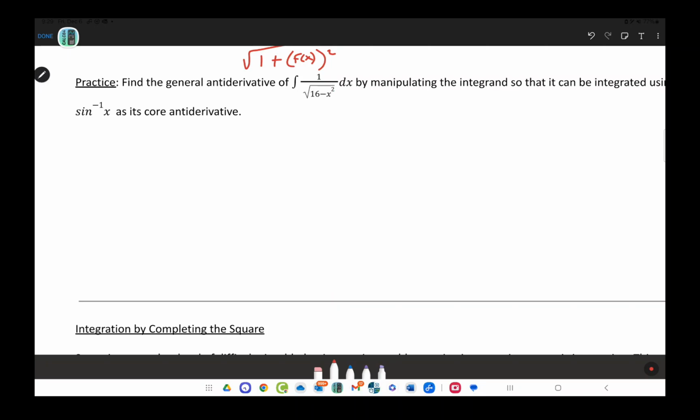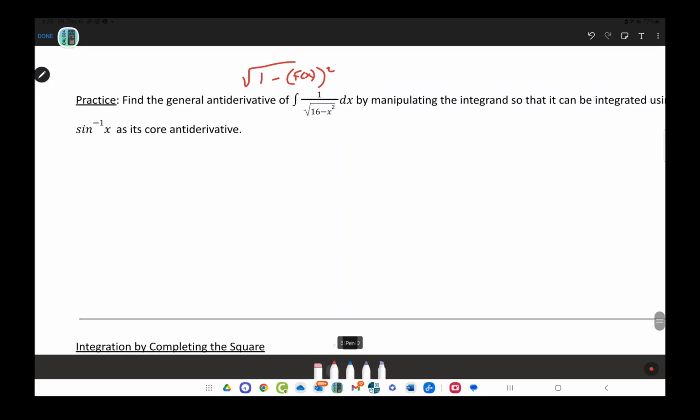Can you scroll up? It's the square root. Okay. So what are we going to factor out? 4, because we need to factor out the square root of 16. So we're going to factor out 4: 1 over 4 times 1 minus x squared over 16.